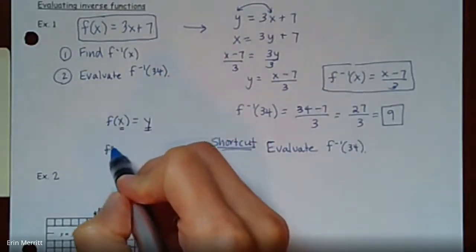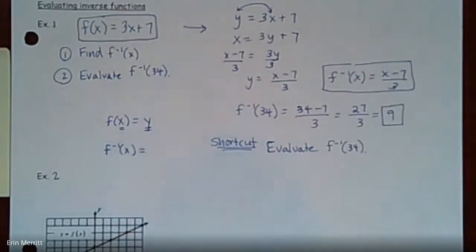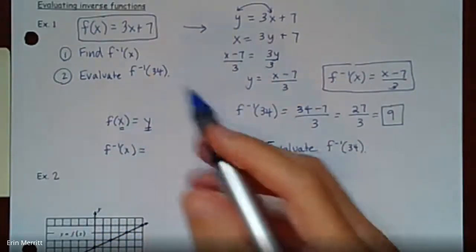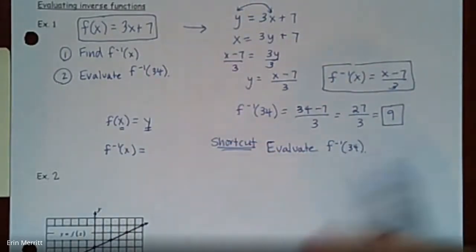If I ask you to do f inverse of a value, that's the same as if I really plugged in y, or started with the y and then found the x.